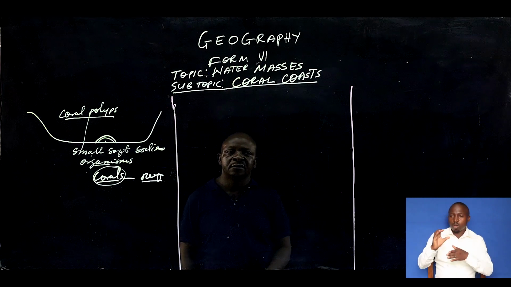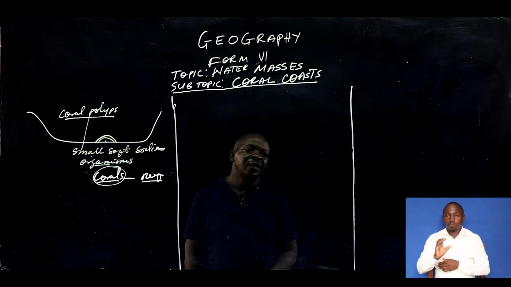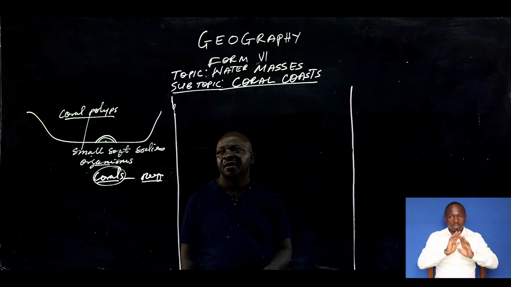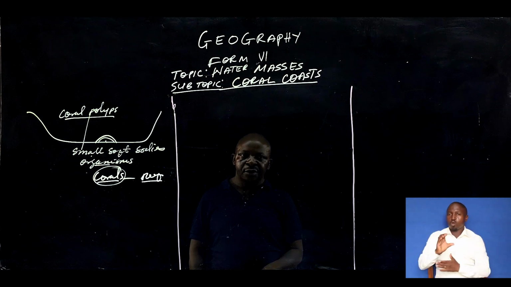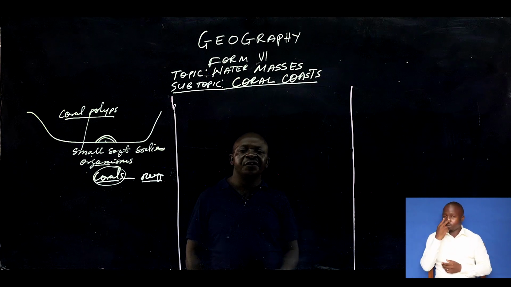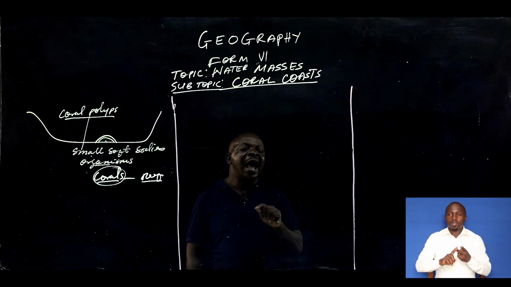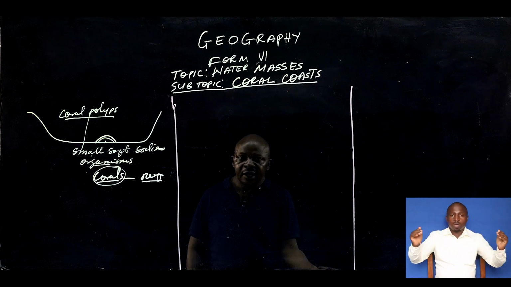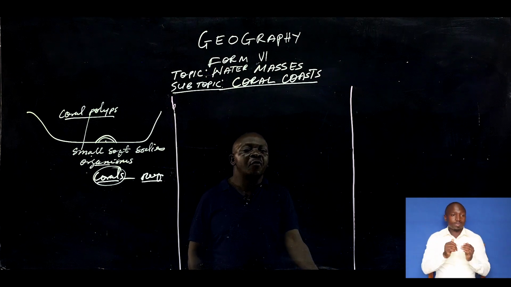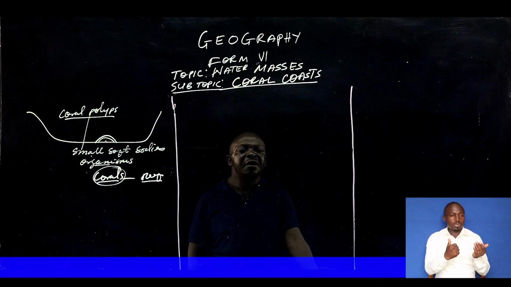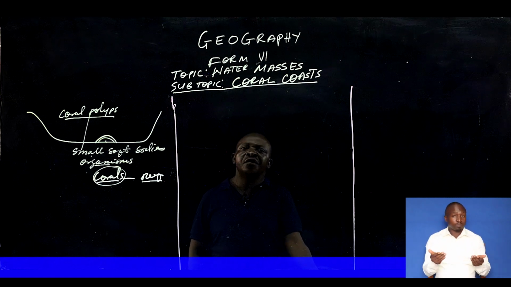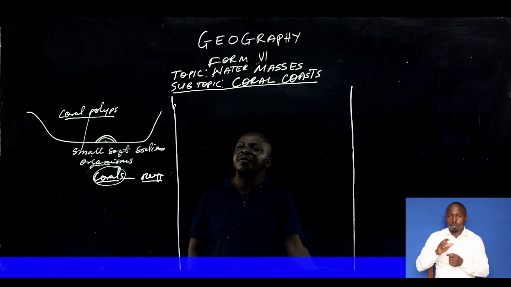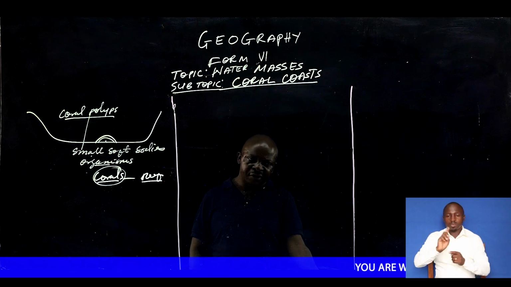So class, those are the necessary conditions for the growth of coral reef. The conditions which we have seen are not even in all oceanic environments. By being not even, the distribution of coral reef worldwide is not even.